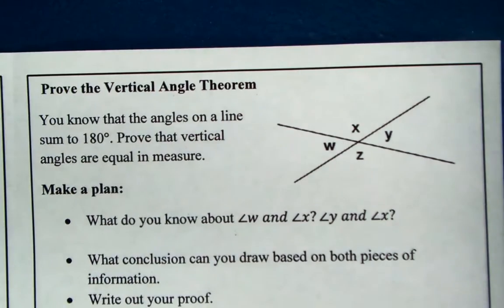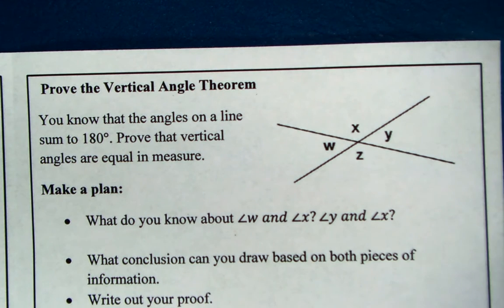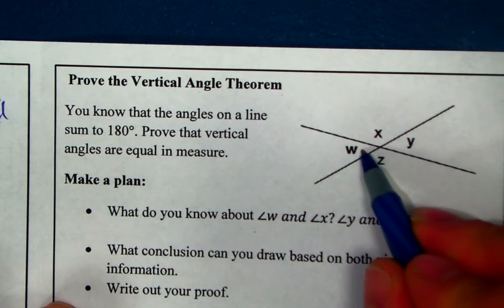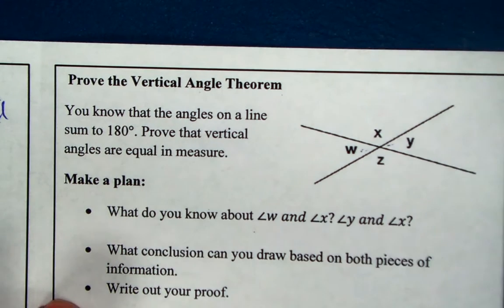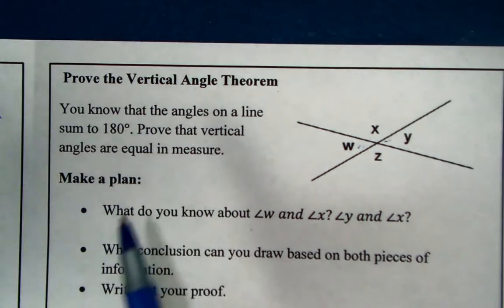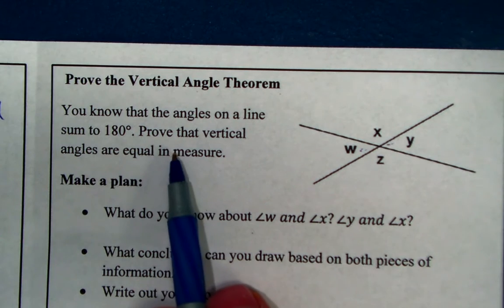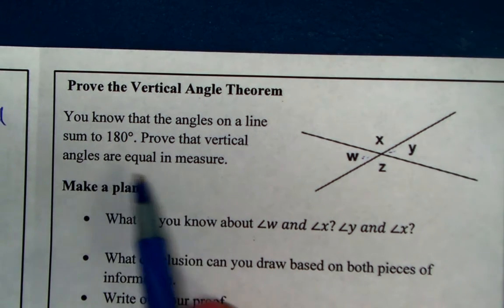So we're going to prove the vertical angle theorem using deductive reasoning, things that we already know to be true, to make our conclusion. Now, the vertical angle theorem just says that these vertically opposite angles are congruent. Okay, we know that the angles on a line add up to 180, and we're going to prove the vertical angles are equal in measure.